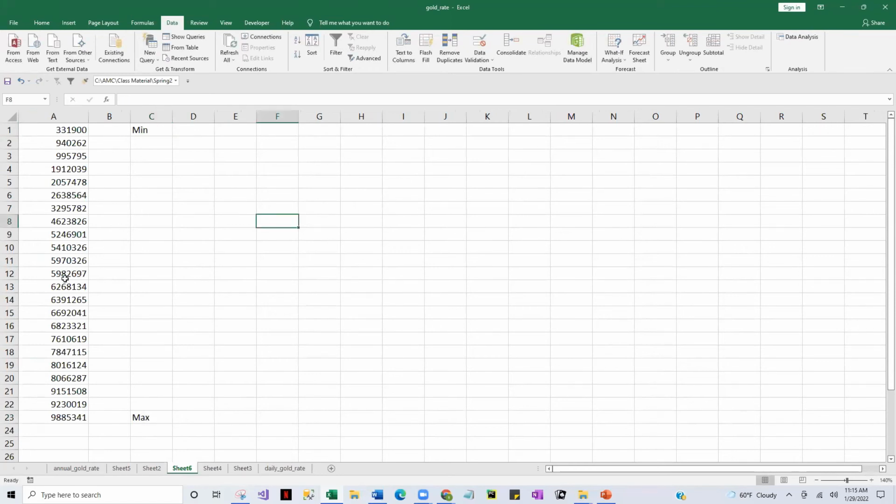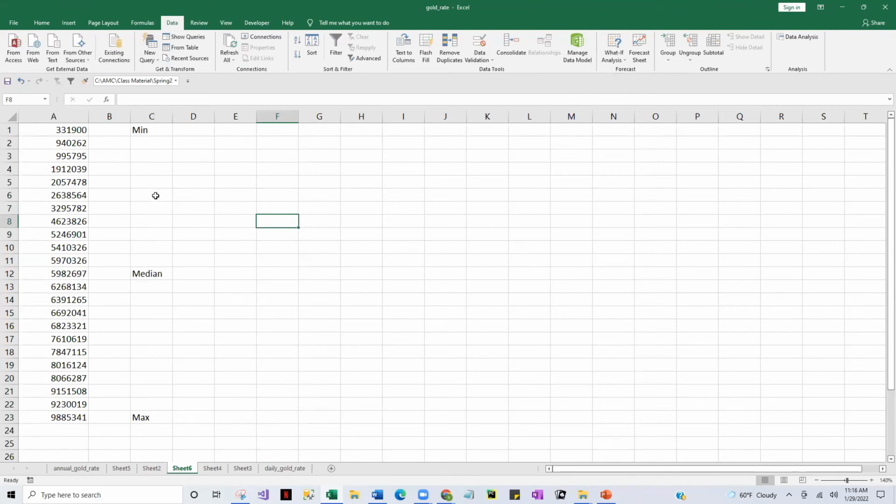It is something in between these numbers. How many numbers do we have? 23. So what will be my middle number? 12. So this is going to be the median. Okay, so now I have three numbers for the 5-number summary.